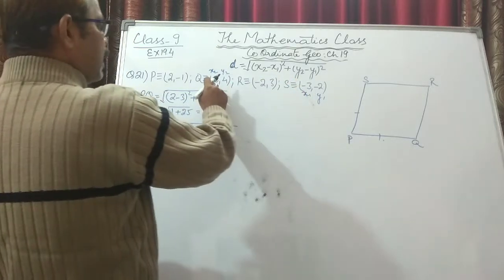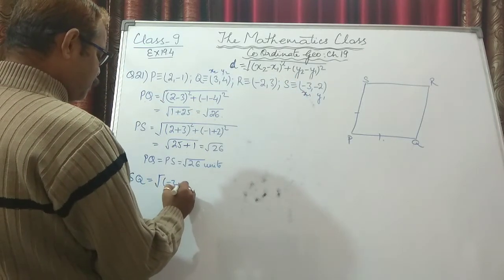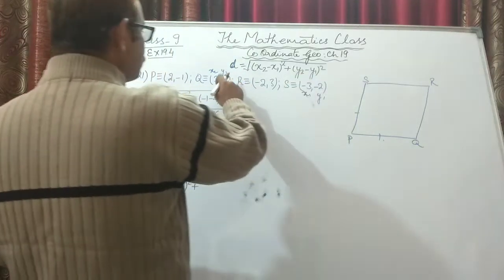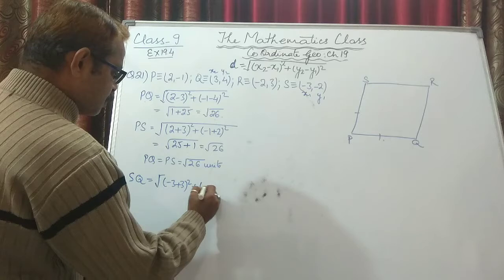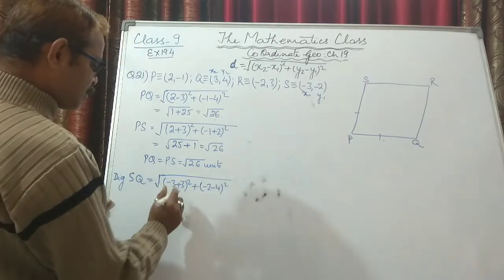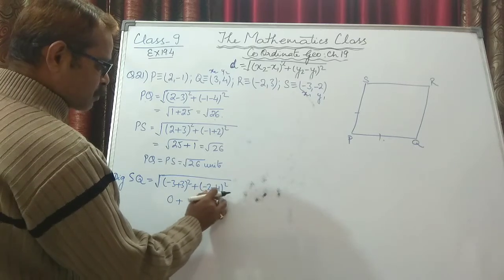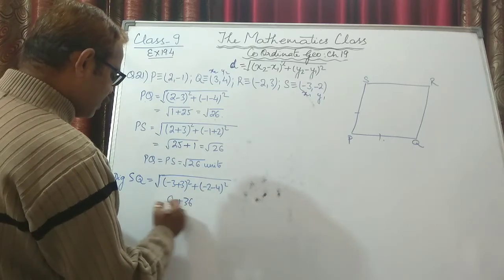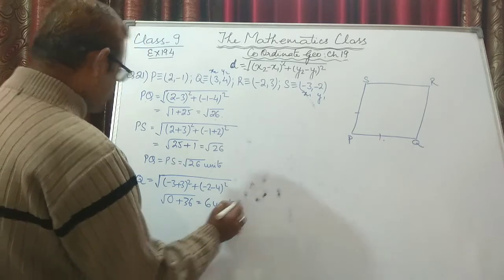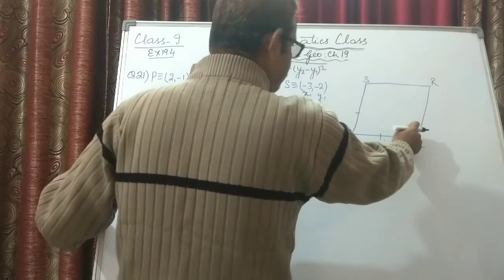So -3 minus 3, we can write it as -3 minus 3 whole square, plus y1 is -2 and minus 4, so -2 minus 4 whole square. So -3 minus 3 is -6, whole square is 36, plus -2 minus 4 is -6, square is 36. Length of diagonal SQ comes out to be under root 72.